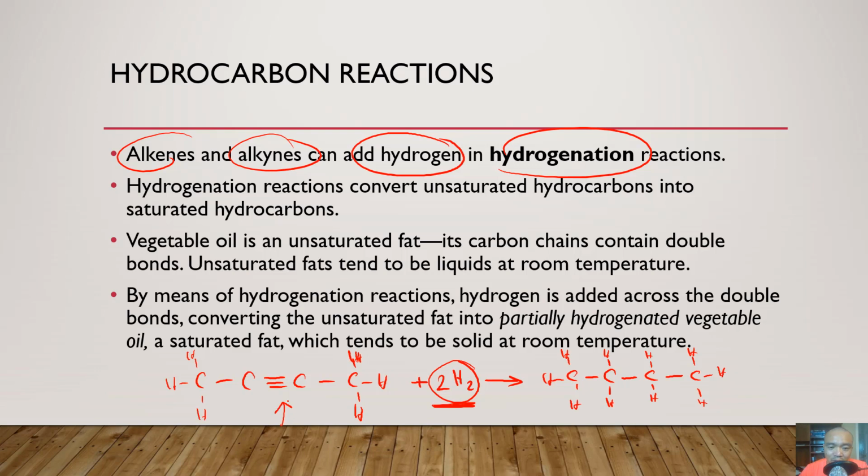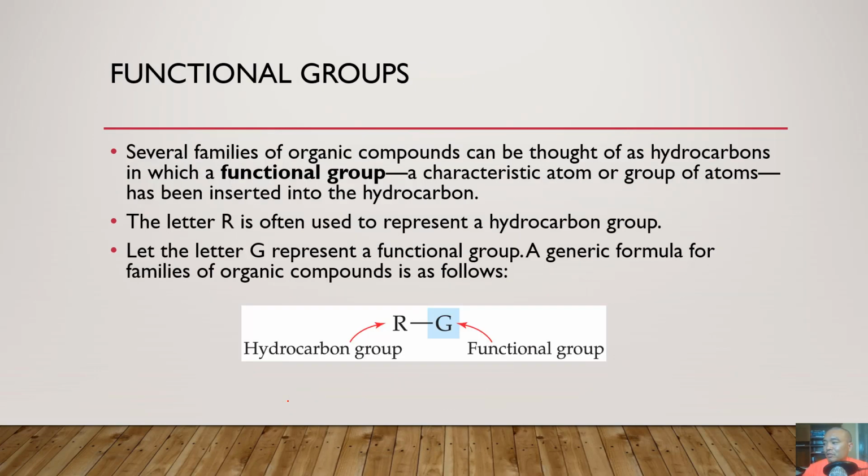And all double bonds and triple bonds will most likely undergo this type of reaction because they are specific and they are so-called functional groups, which represent a specific type of reaction they can undergo. We have more different types of functional groups. So what is a functional group? A functional group is a characteristic atom or group of atoms that has been inserted into the hydrocarbon, and the functional group can usually undergo a certain type of reaction.